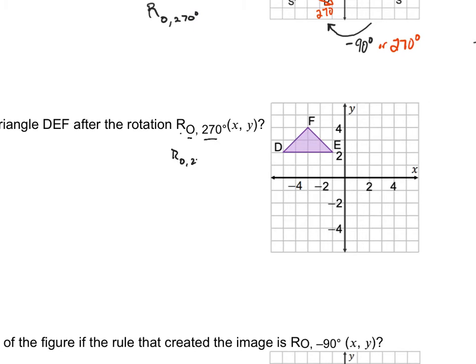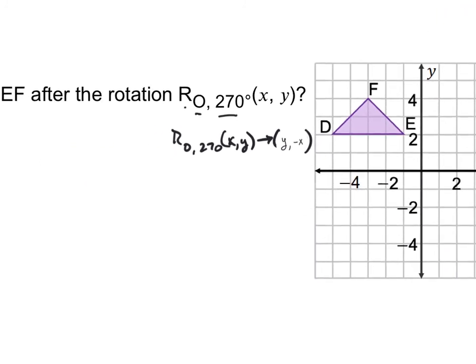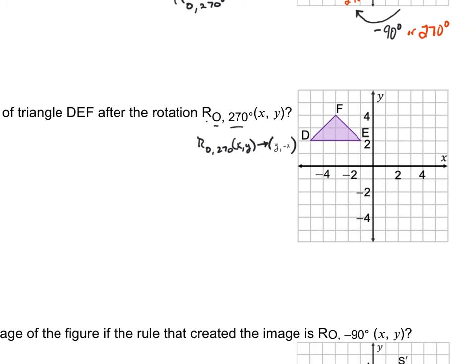Rotating about the origin 270 degrees is going to be (x, y) maps to (y, -x). Let me clean that up some. (y, -x). So looking at our points, I got D, E, F.